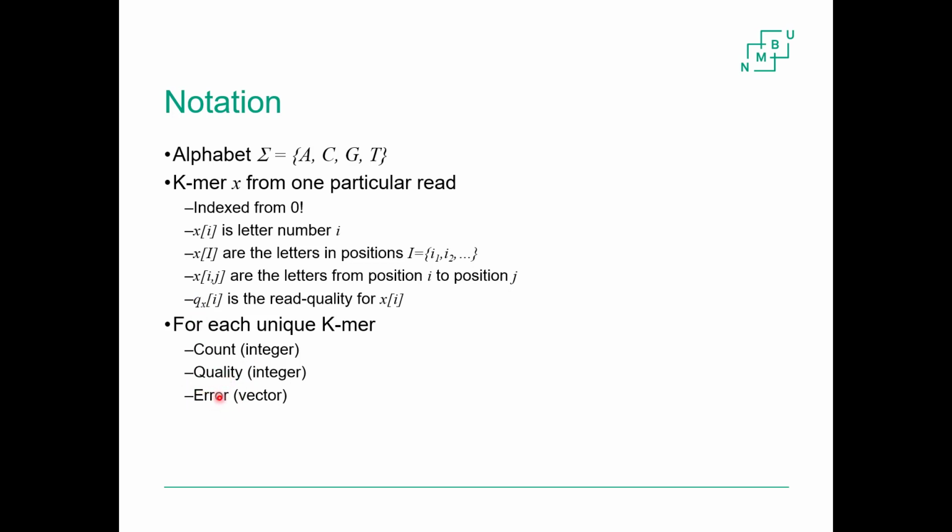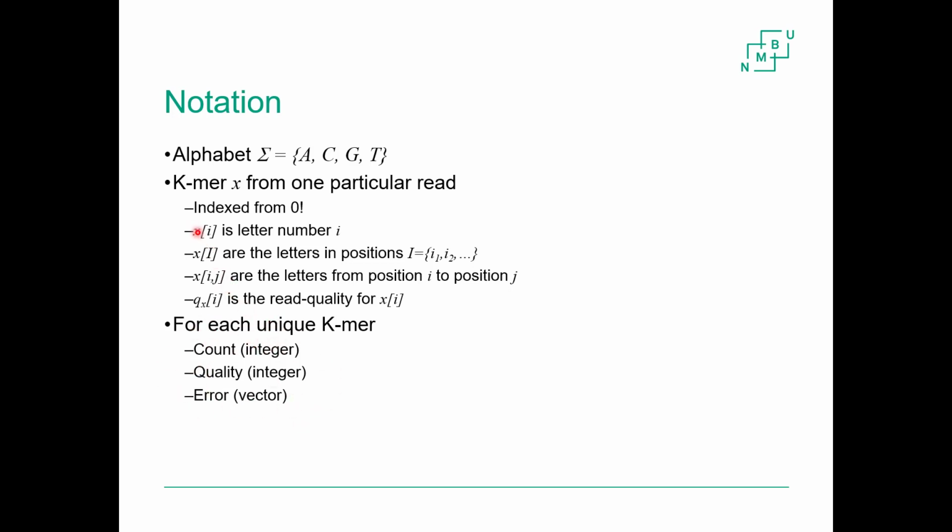And then the error vector, that's this one. The single elements, right, for each symbol in the k-mer. But I have to say this part here is not actually used, as far as I can understand. It's not really used at all in the description of the algorithm.